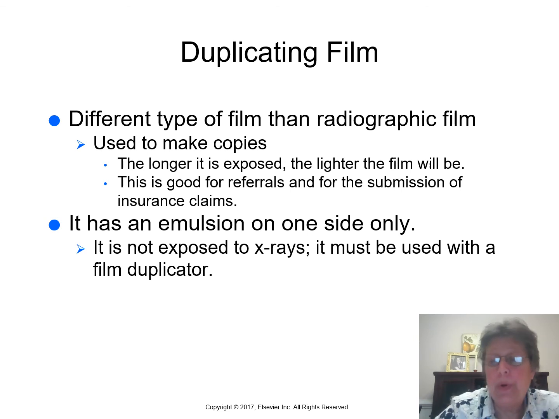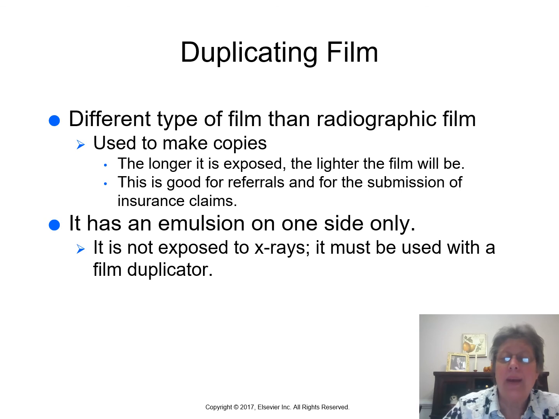What you do is you put your original x-ray on the little white square, and then you would place the duplicating film on top of that, and then you would close the lid on it. And what happens is you turn on the white light, and the longer you leave the light on, the lighter the film is going to be.